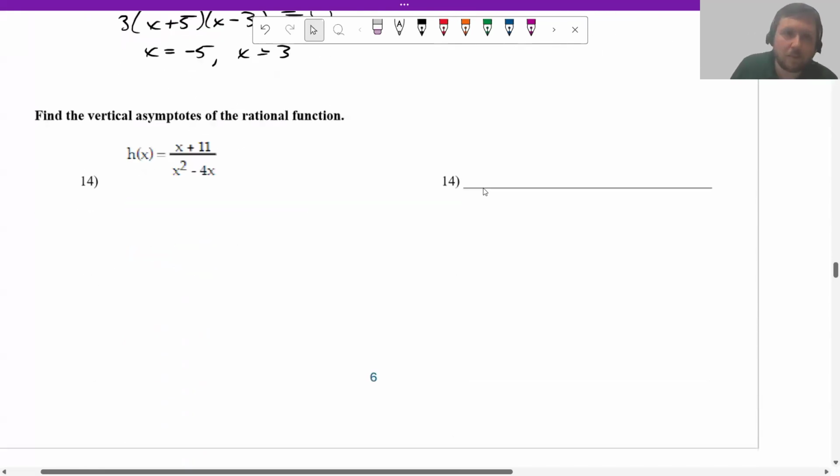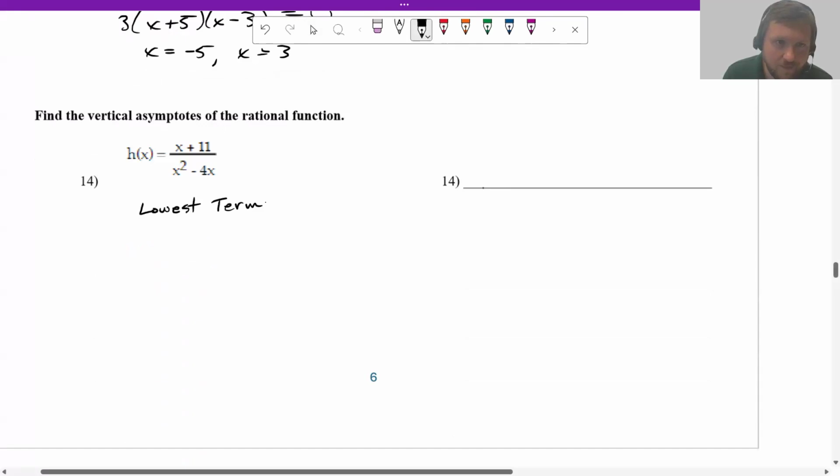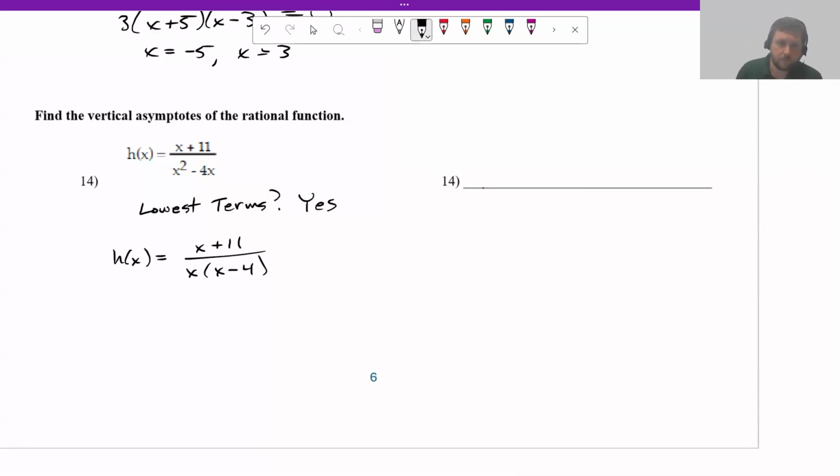Okay, find the vertical asymptotes of the rational function. Is it in lowest terms? So h of x is x plus 11, and then I can factor an x out of the bottom. And I don't see anything canceling, so yes.